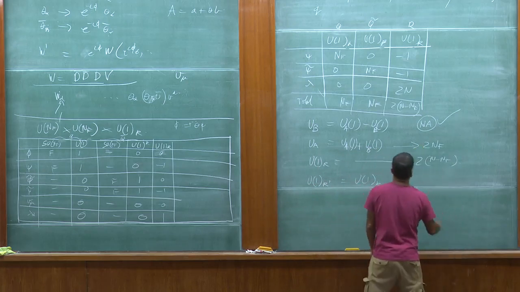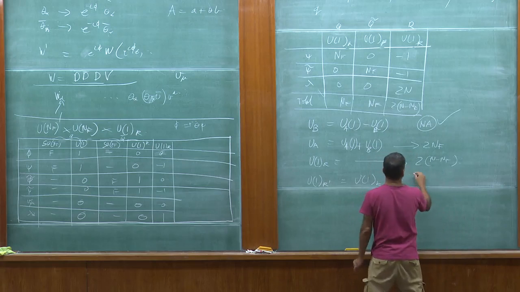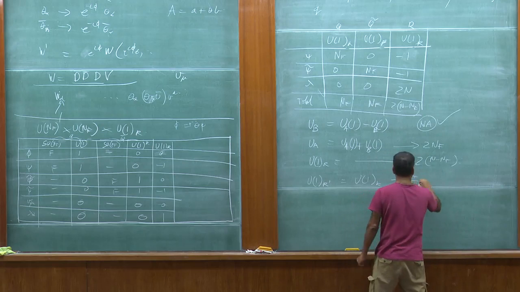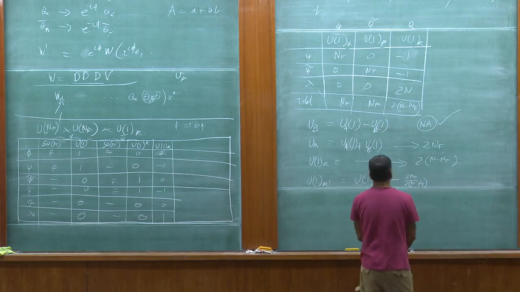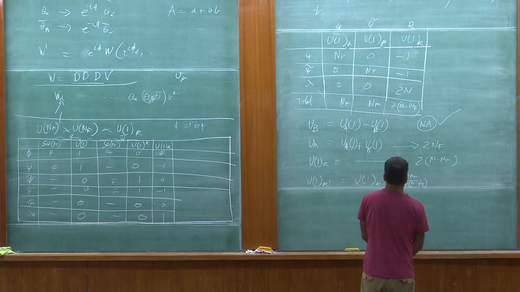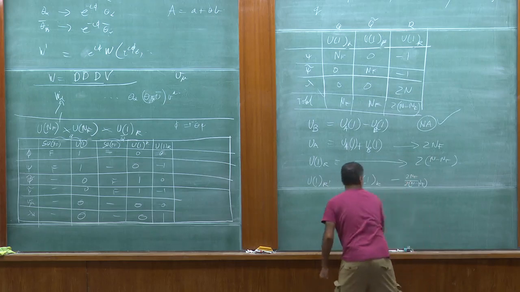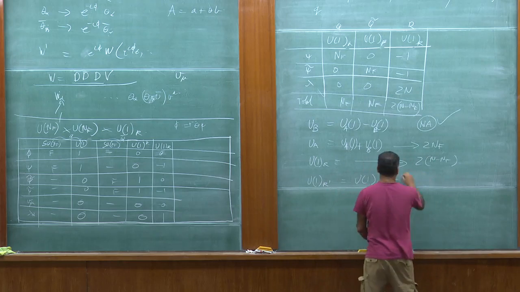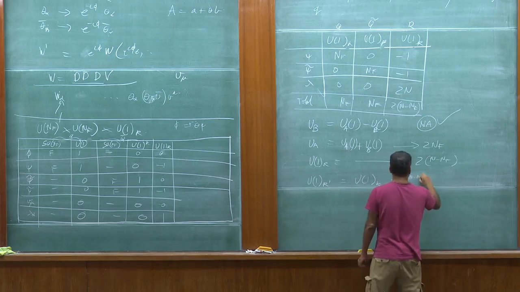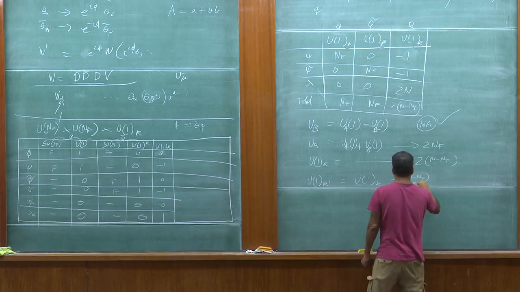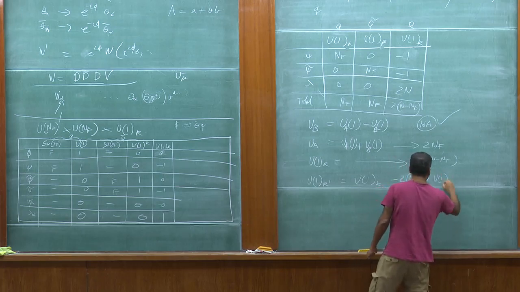So minus 2(n minus nf) by 2nf, times U1 axial.